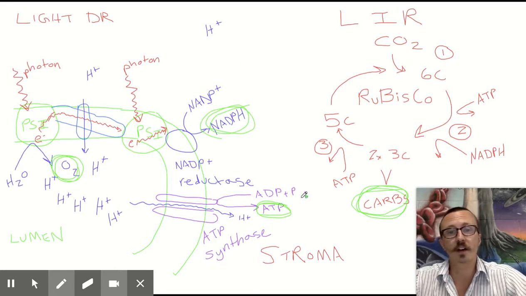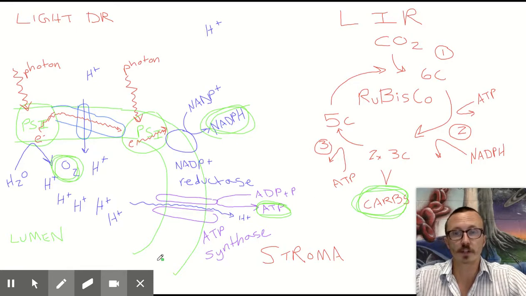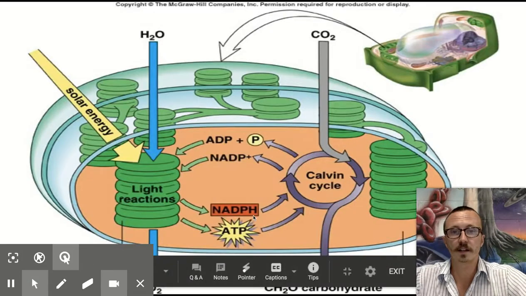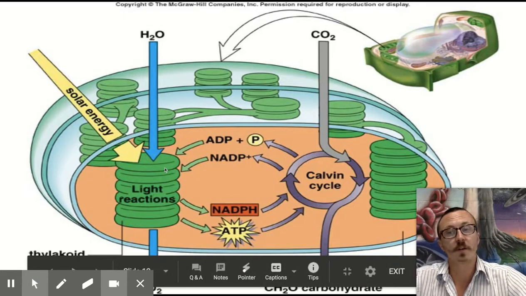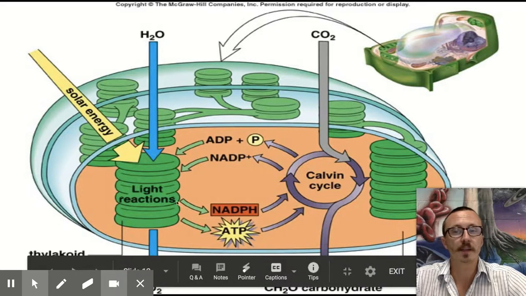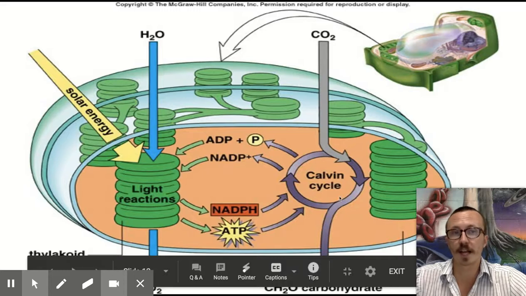Are you going to have to understand all of this memorized? No. You need to really make sure that you understand, let me go back a slide, where they take place and what they're using. Light-dependent reactions are in the thylakoid. They produce oxygen, NADPH, and ATP, which the NADPH and ATP are used by the light-independent reactions to fix carbon dioxide into carbohydrates.